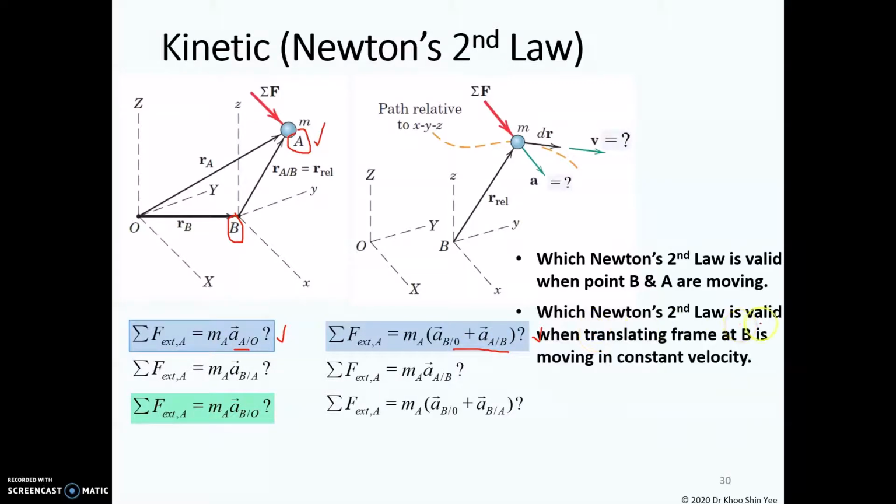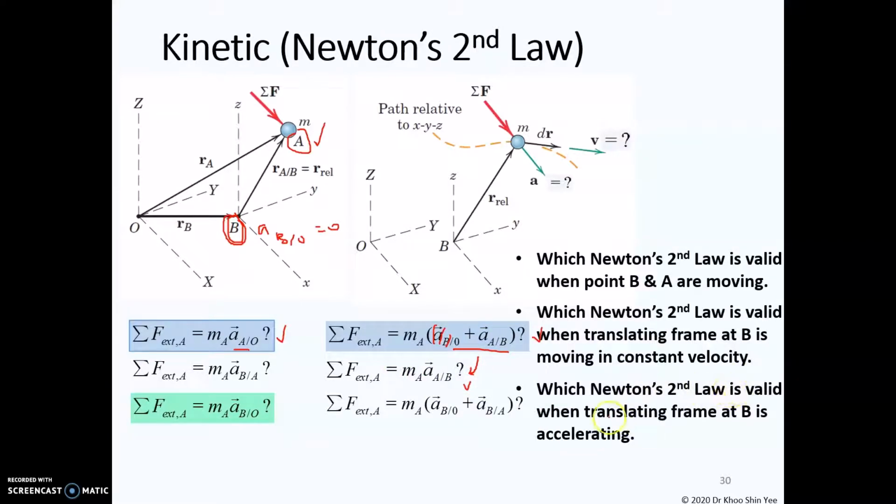Which Newton's second law is valid when the translating frame at point B is moving at a constant velocity? If this is moving at constant velocity, the acceleration will be equal to 0. So if the acceleration B/O is equal to 0, then this can be simplified into this equation. So this will be valid as well.